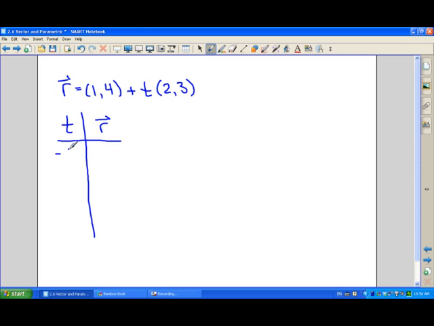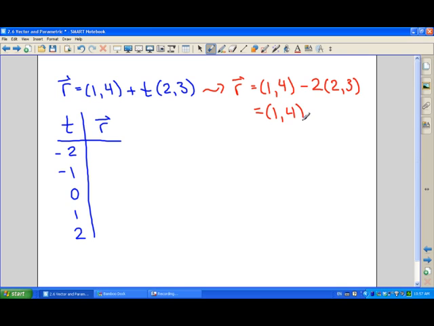So if I choose some different values for t, I can plug these different values for t into the equation, and now I'm essentially adding vectors together.